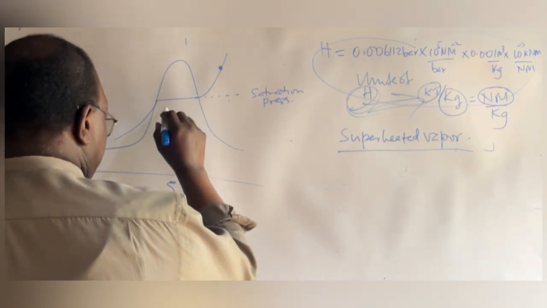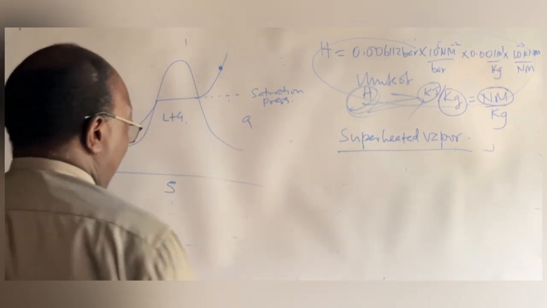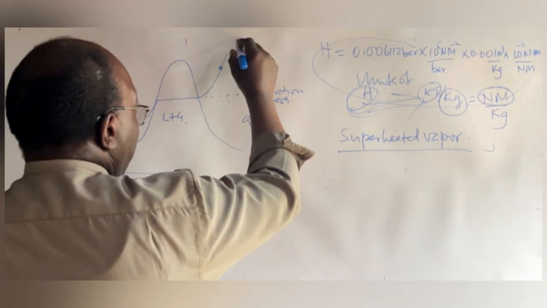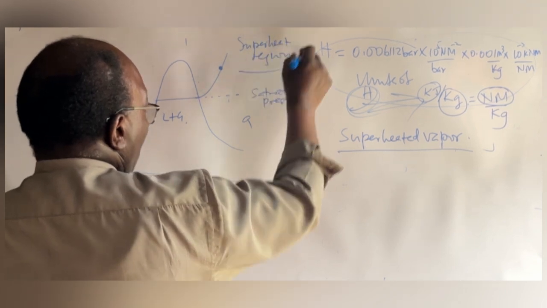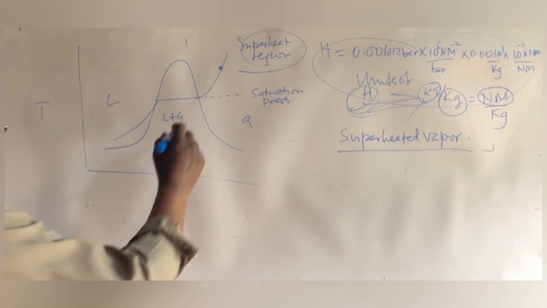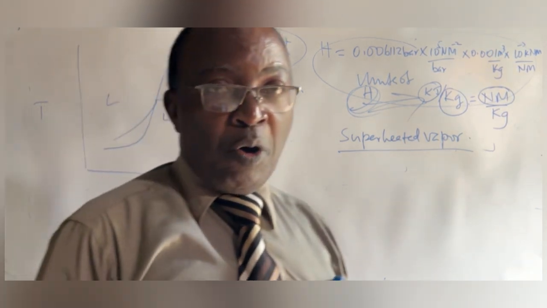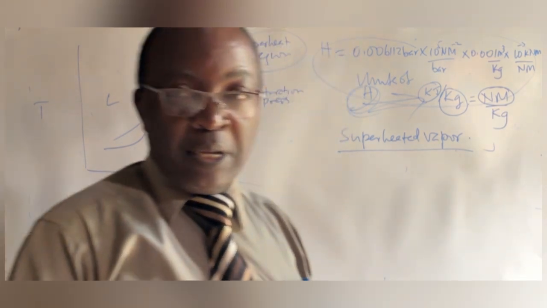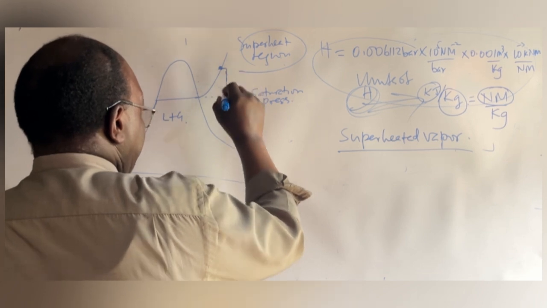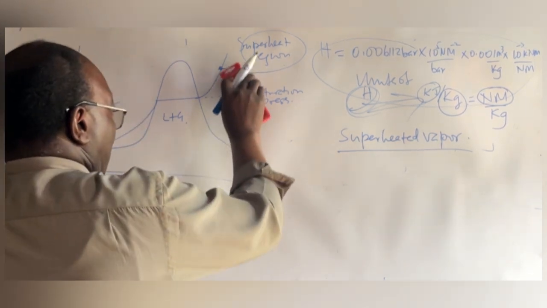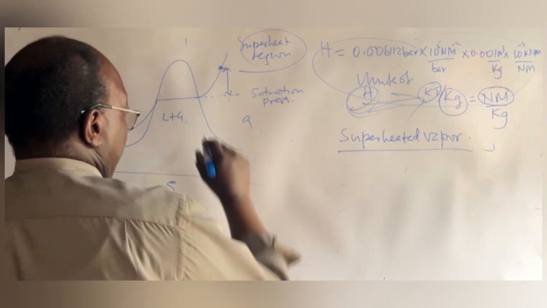Here we have liquid and gas phase. In the superheat region, we can have the vapor at temperatures higher than its normal boiling point at the saturation pressure. Suppose that difference in temperature is delta T.